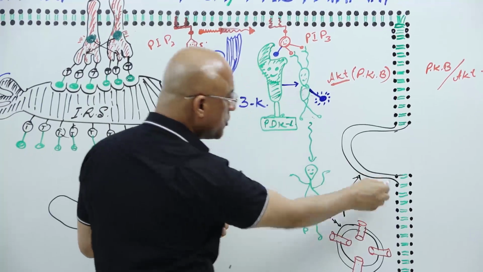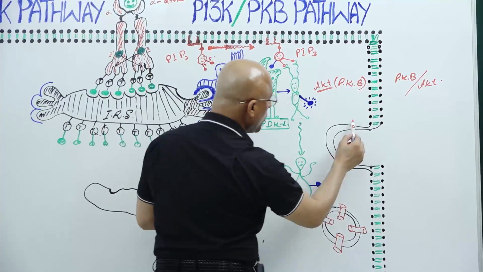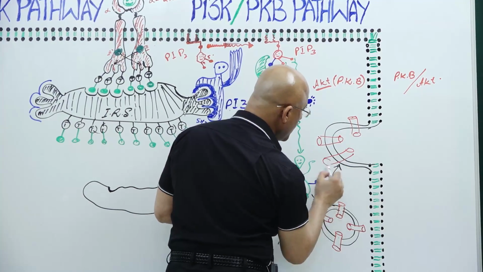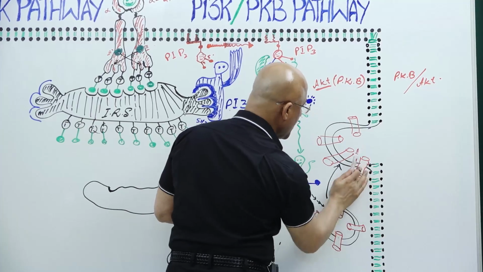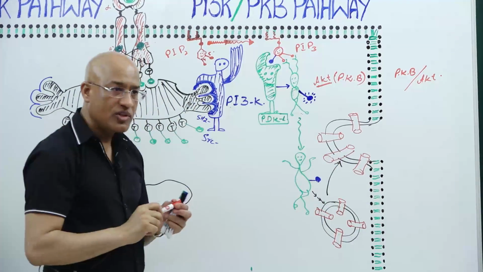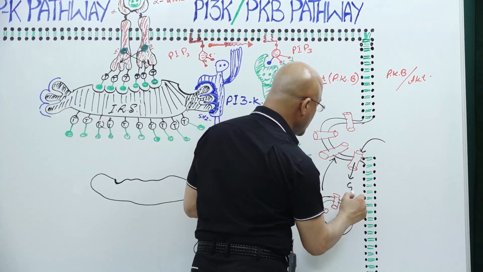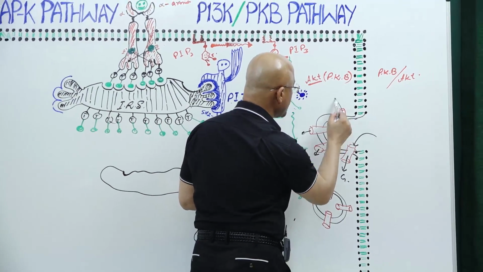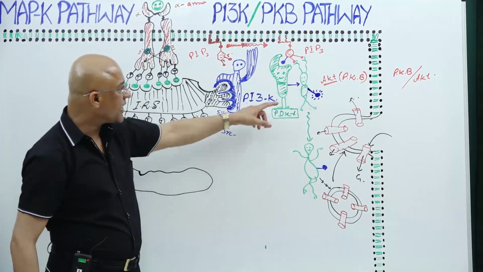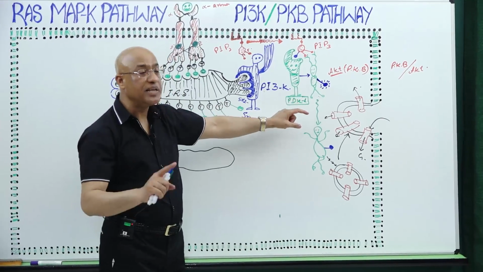This vesicle will move towards the membrane and fuse with the membrane, and now these Glut4 molecules will become part of the membrane, and now the membrane becomes permeable to glucose, and then what will start jumping in? Glucose. Glucose is coming in. So this is the first action which I want to highlight, that AKT molecules, once they are phosphorylated, have many functions.